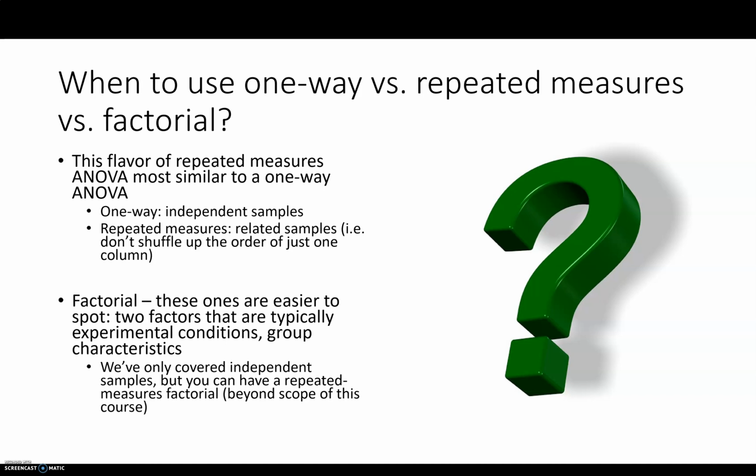And you've got independent groups, but they're organized and characterized by different levels of two independent variables. Okay, so hopefully the factorial designs are easier to spot, and it's easy to see that they're different from these. And hopefully when I provide this example, you'll see that it doesn't really look like a factorial design where you could organize it in a table in that way.